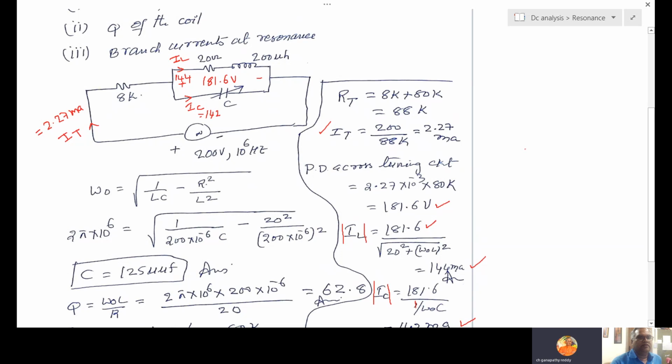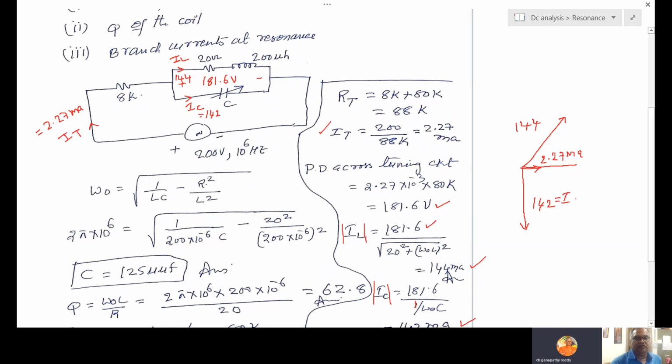Vectorially, if you observe, with reference to this, what is IC? This is IC. IC value is 142. What is IL value? 144. So when you are adding these two vectorially, the resultant current is 2.27 milliamp.